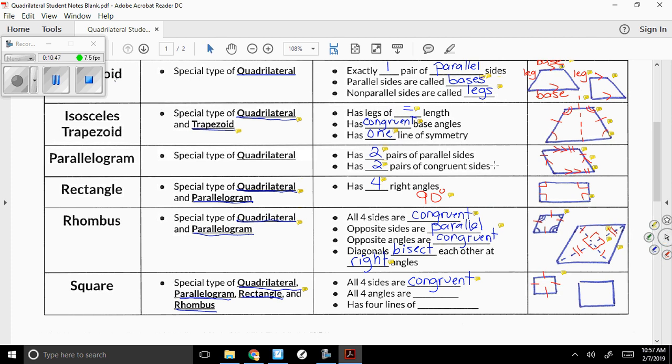All four angles are also right, which is 90 degrees, and I can put those little boxes to show that those angles are right. And then our last quality of a square is that it has four lines of symmetry.